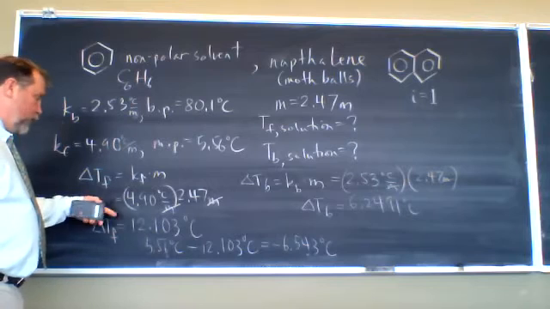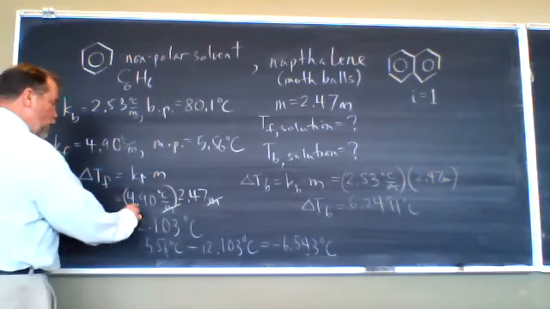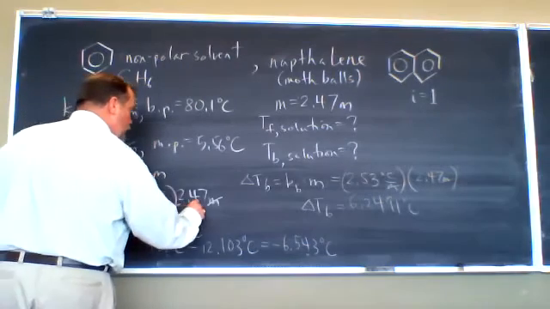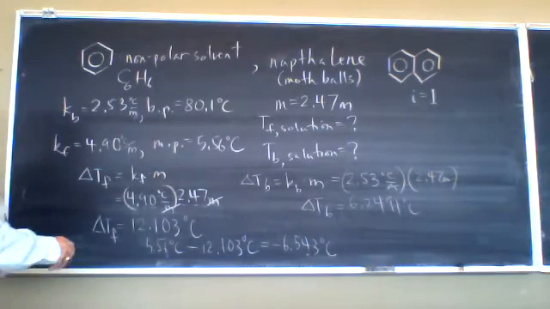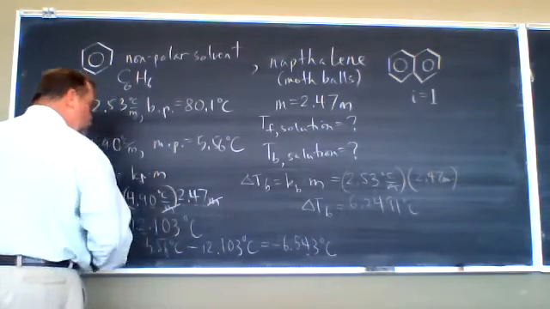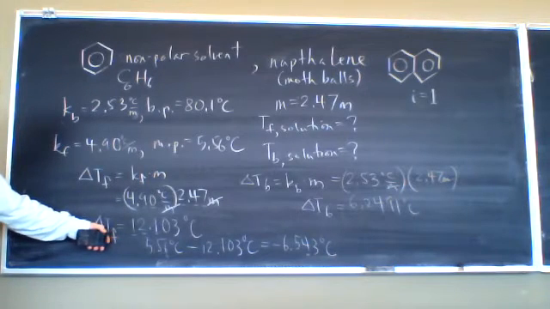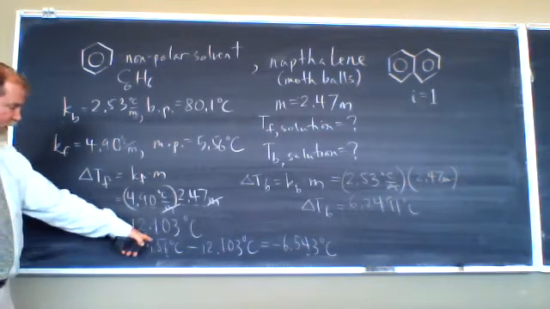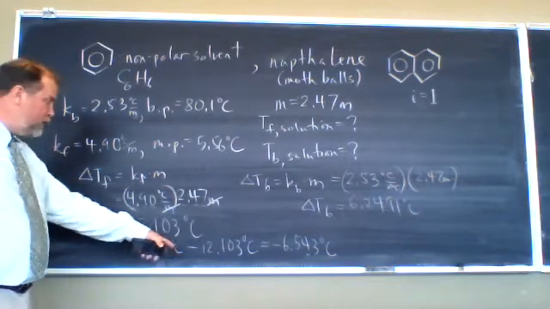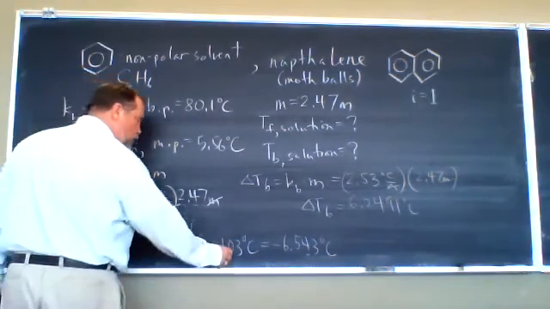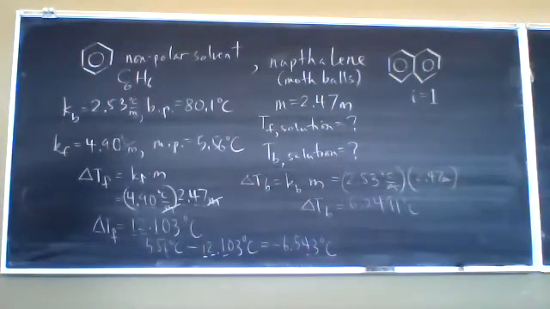And so what we end up with here is an error on my part. I apologize. We have 3 sig figs in 4.90 and 3 sig figs in 2.47. Therefore, we only have 3 sig figs of accuracy once we calculate delta T sub F. It's the fact that 12.103 is only accurate to 3 significant figures.